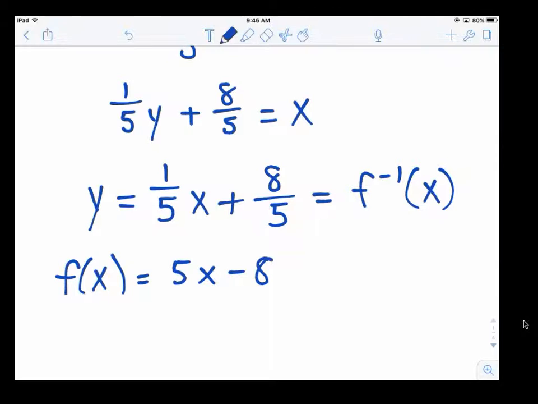If you have a regular function and it has an inverse, its inverse function will have a reciprocal slope. So the slope here is 5. The reciprocal of 5 turns into 1/5.